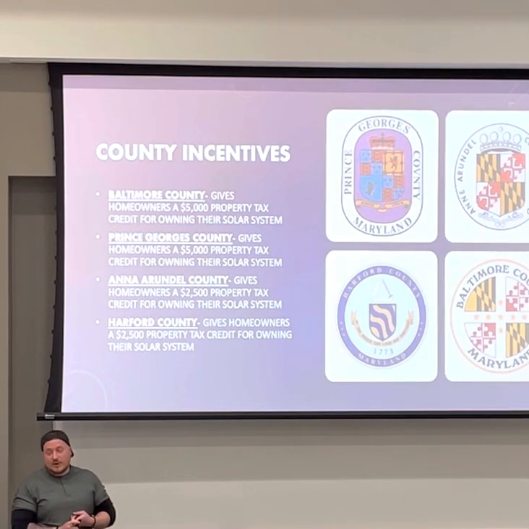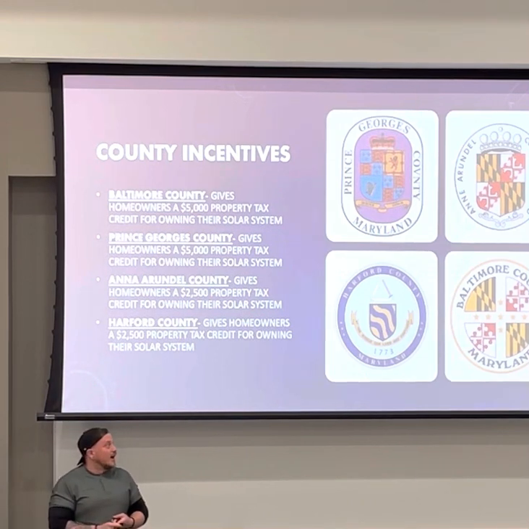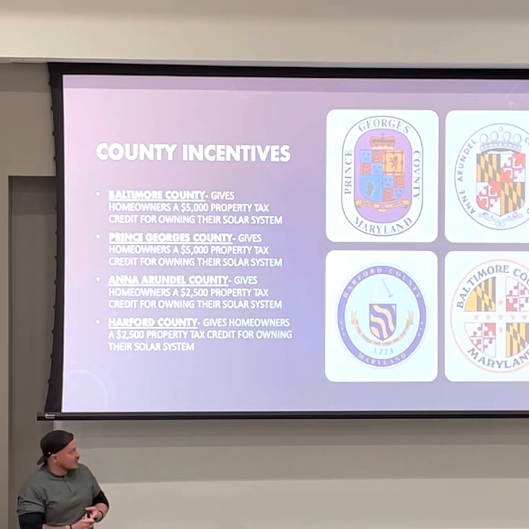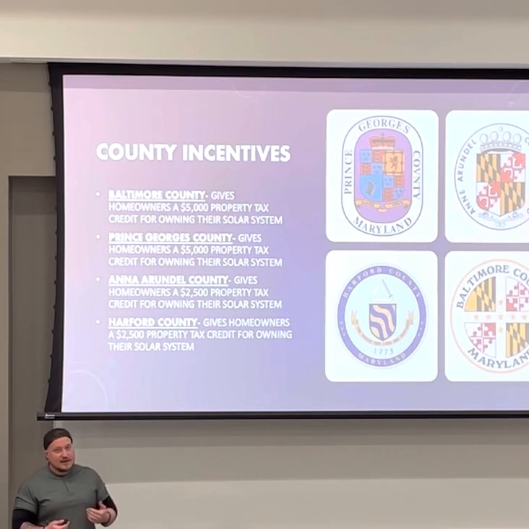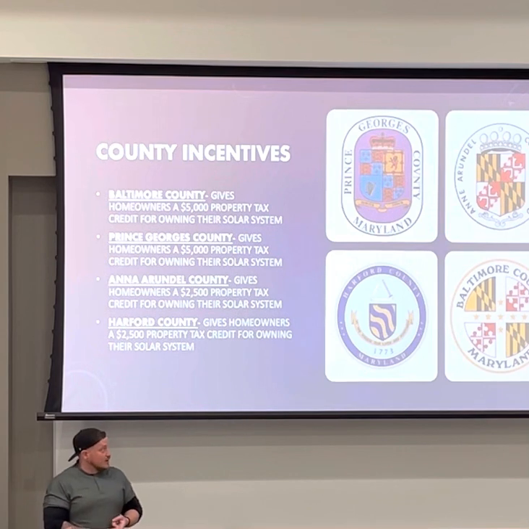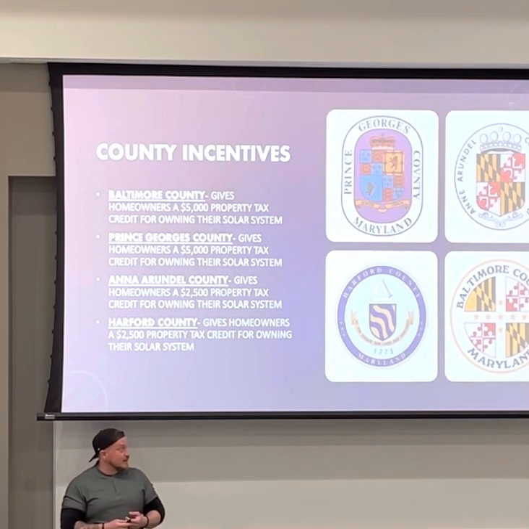Property tax is something that we always have to pay, all right? They're basically saying, you know what? We're gonna give you a $5,000 credit on that. Anne Arundel County and Harford County give a $2,500 property tax credit for the same thing. As long as you own your system, you get a $2,500 property tax credit, which means that's less money that I have to spend.